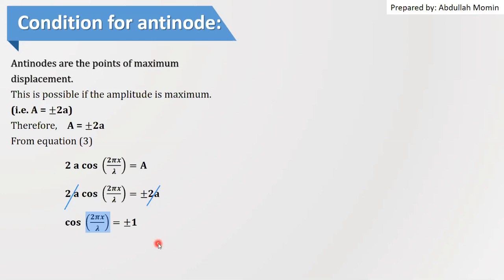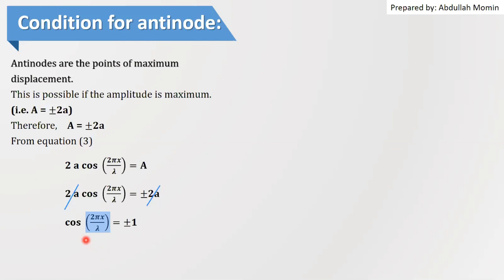And whenever the value of theta is pi, we will get cos pi as minus 1. So if the value of this bracket is 0, we will get cos equal to plus 1. And if the value of this bracket is pi, we will get cos pi as minus 1.